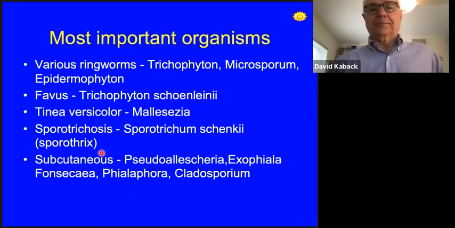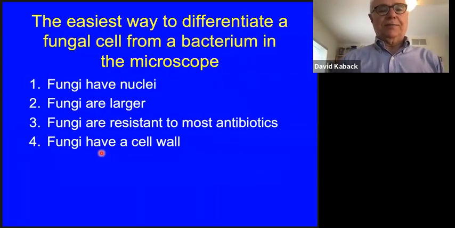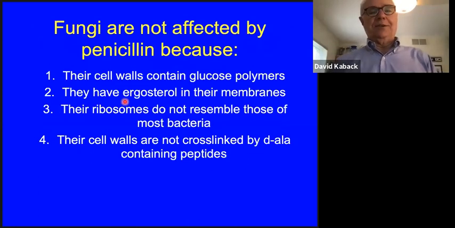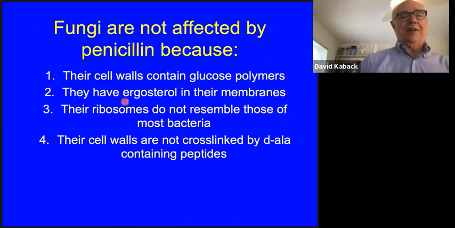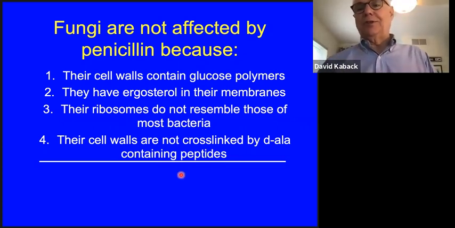But probably the easiest thing is finding that fungi are much bigger than bacteria. And we know that fungi are not affected by penicillin. If you look at this question, none of the answers are right except this last one: their cell walls are not cross-linked by D-alanine containing peptides. So these are two sample questions for you.